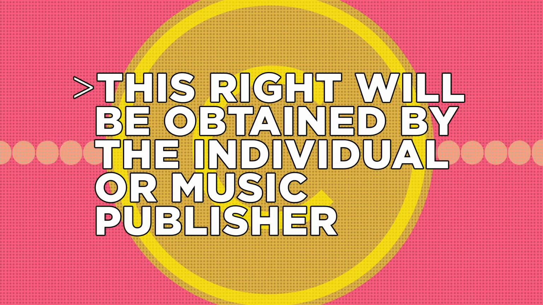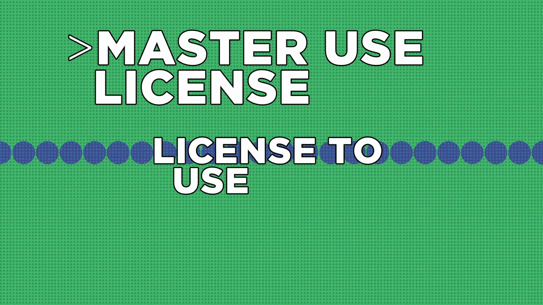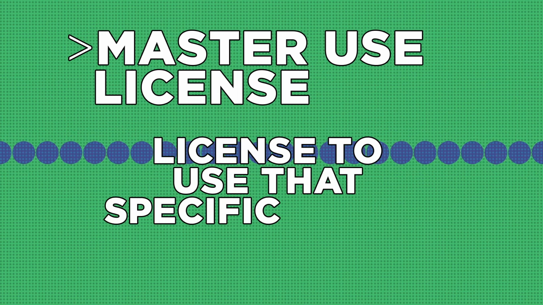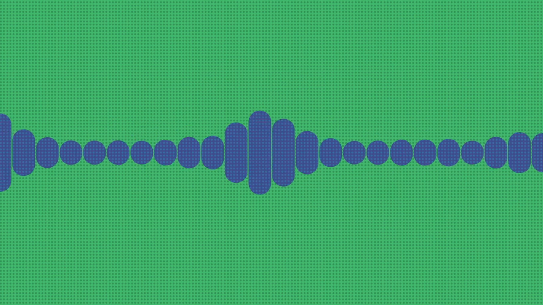The second license that you're going to need for a music license is going to be a master use license. The master use license is going to be the license to use that specific sound recording. If we go back to an earlier video in our series, we know that the sound recording copyright is going to be related to the SR copyright.